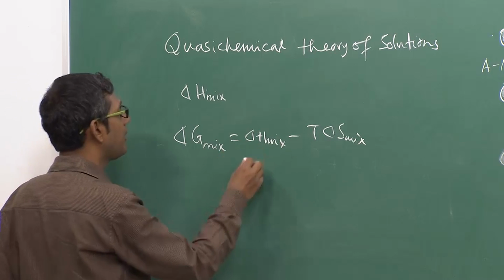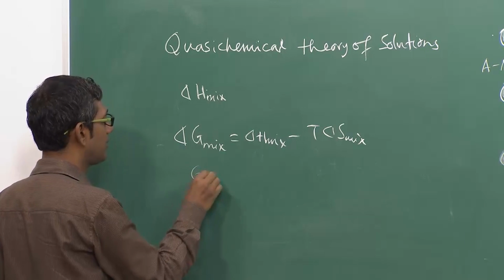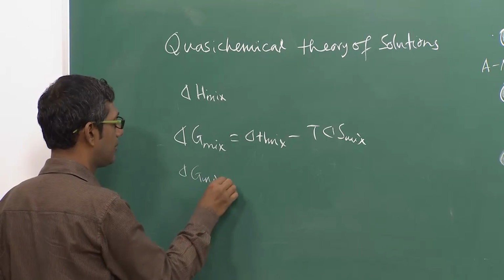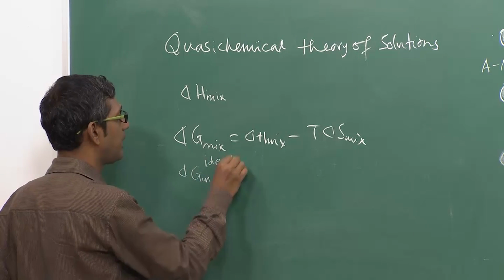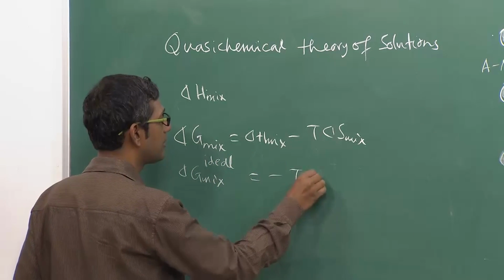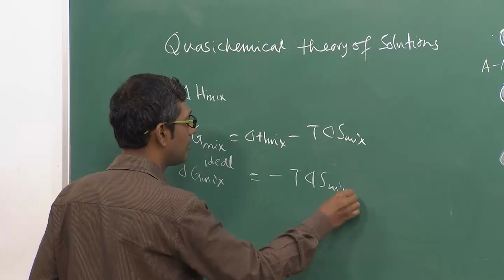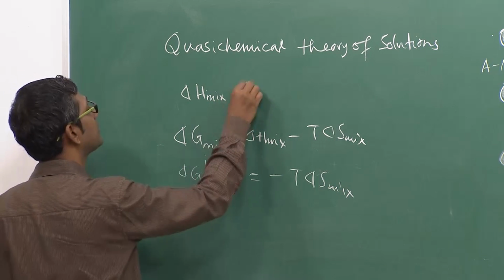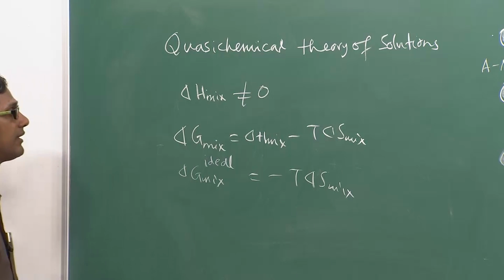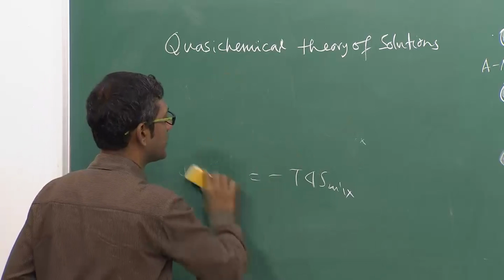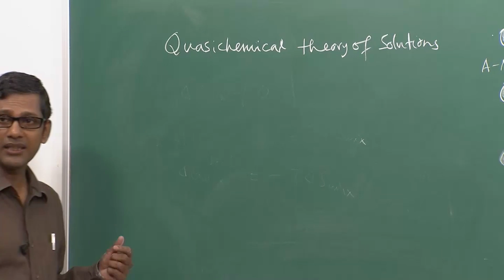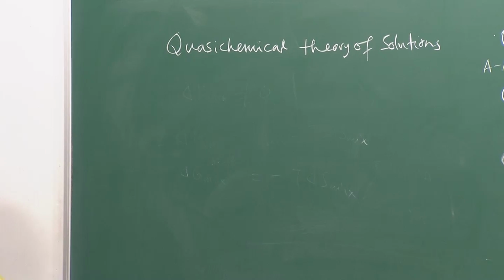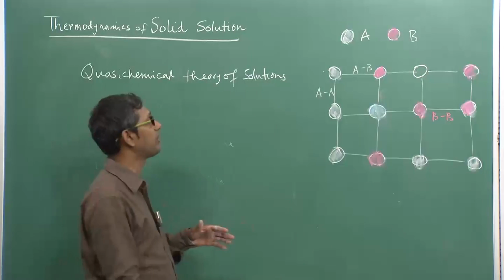So for ideal solutions we assume that delta H mix is equal to 0. So this was the expression for delta G mix, but in a real solution delta H mix is not equal to 0. So the basic purpose of this construction is to find delta H mix. The assumption in this theory is that delta H mix is solely dependent upon the bond energies.